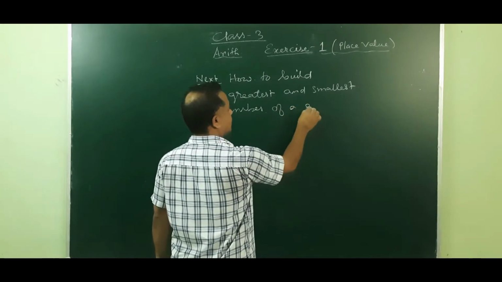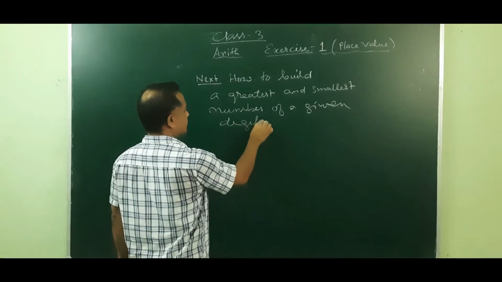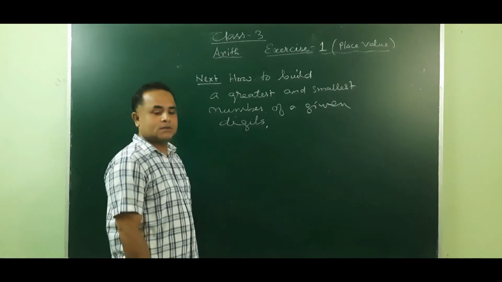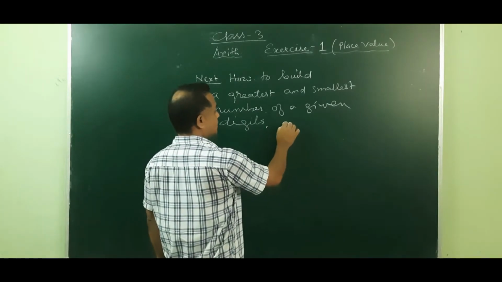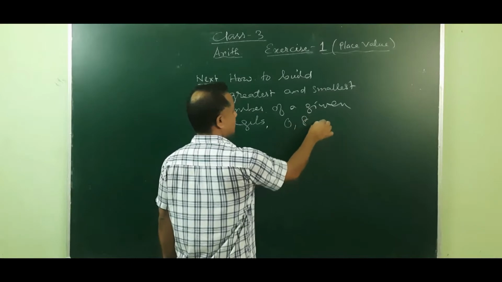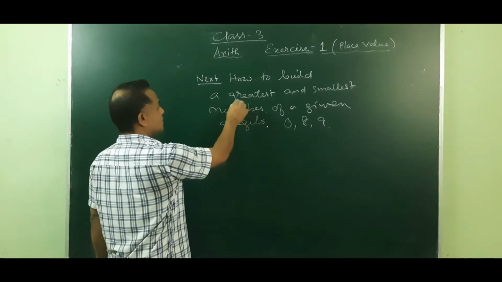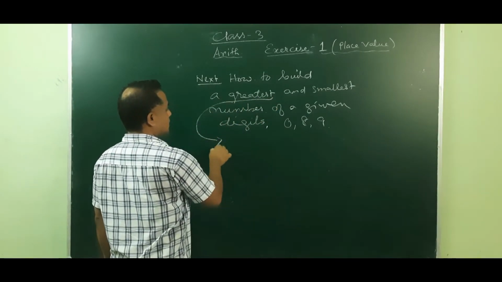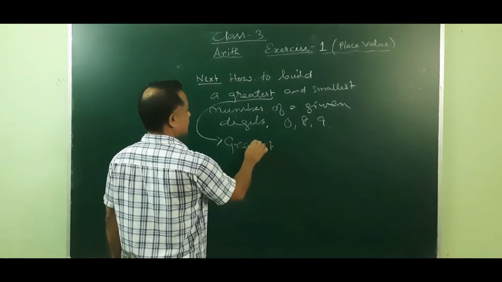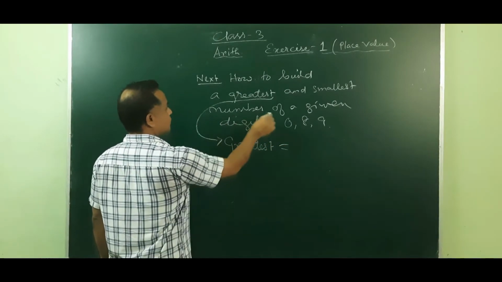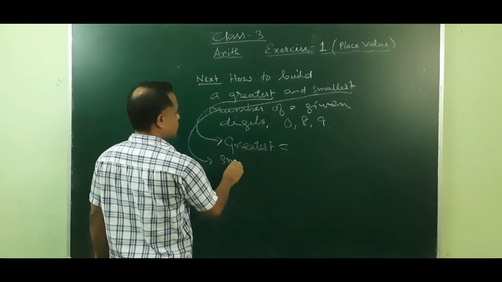Now next you see how to build the greatest and the smallest number of given digits. Suppose 3 digits are given: 0, 8 and 9. From there we will build first the greatest, and next the smallest.